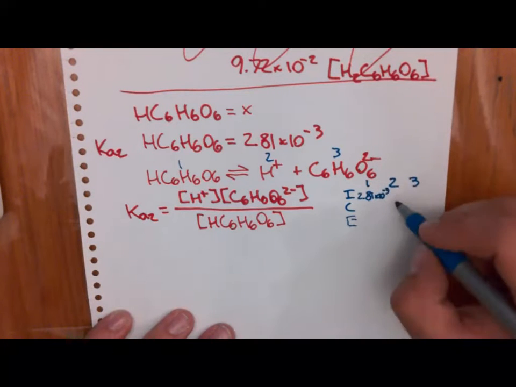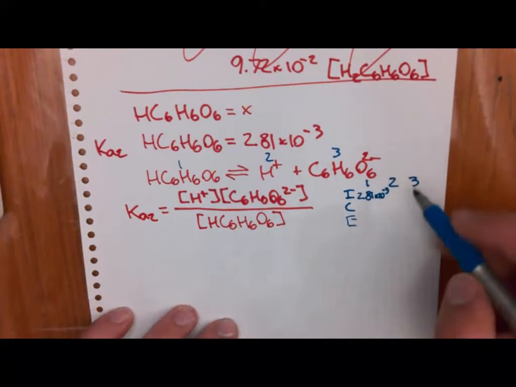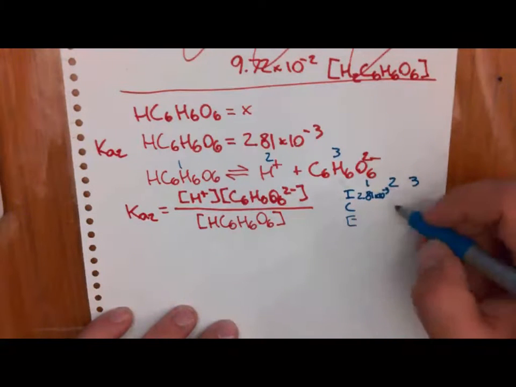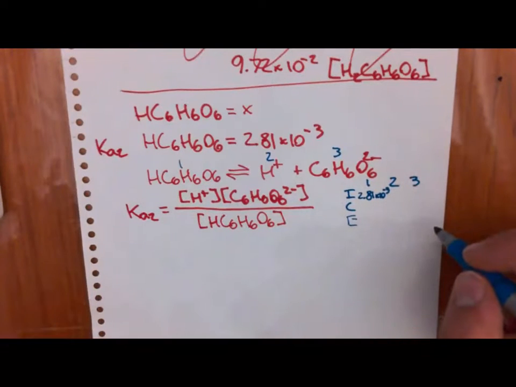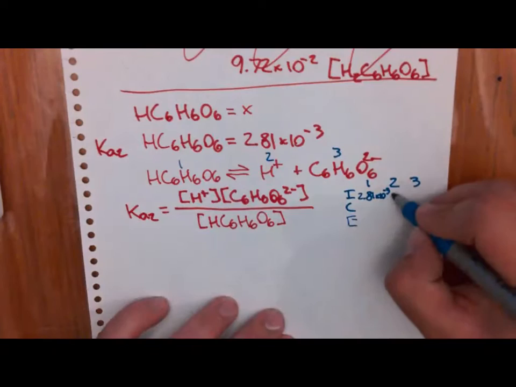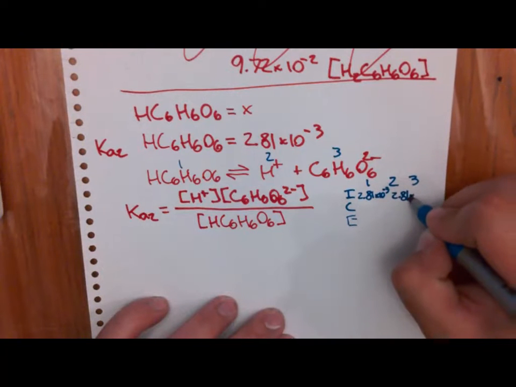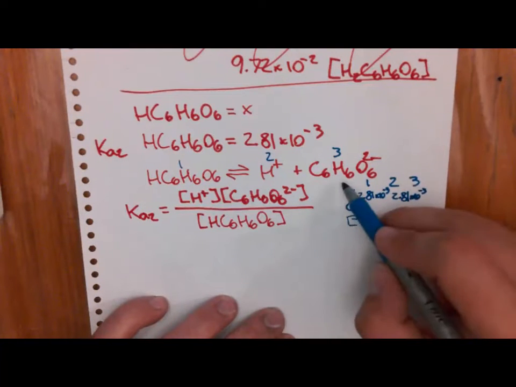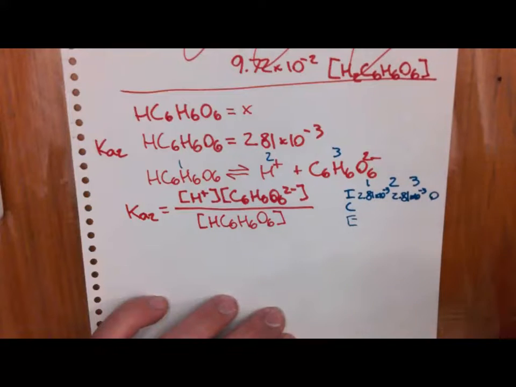My H+ is going to be starting at its final concentration, which will also be 2.81 times 10 to the negative 3. And finally, your C6H6O6 2- is going to start at 0.